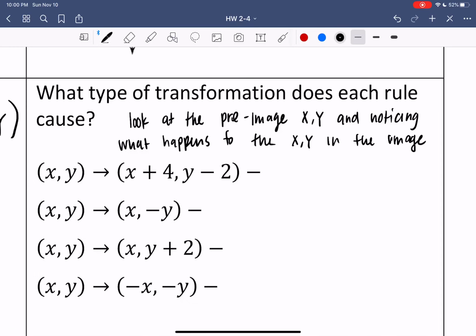I think that's my biggest advice, is to look at the pre-image x and y and notice what happens to the x and y in the image to determine if it's moving locations but not changing orientation, or if it's being reflected, or if it's being rotated.